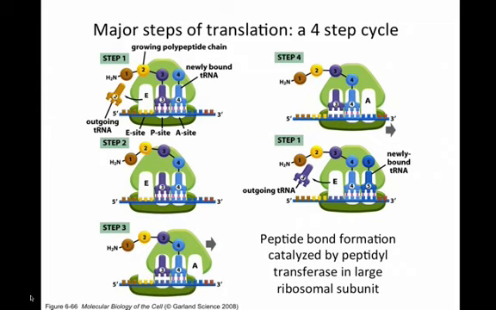So you've got your number 3 in the E site where it can exit, because E stands for exit, and you have a vacancy in the A site where your new tRNA comes back in, and that just repeats over and over again. And the peptide bond is catalyzed by peptidyltransferase activity in the large ribosomal subunit.